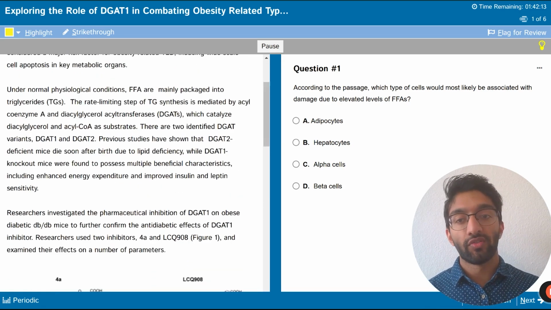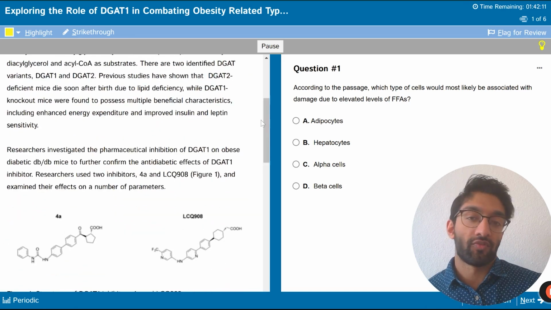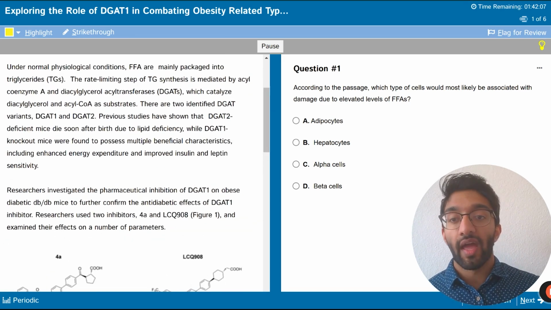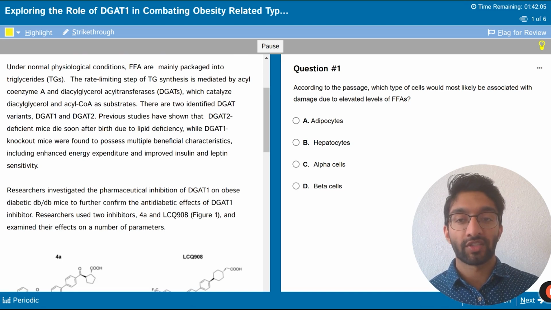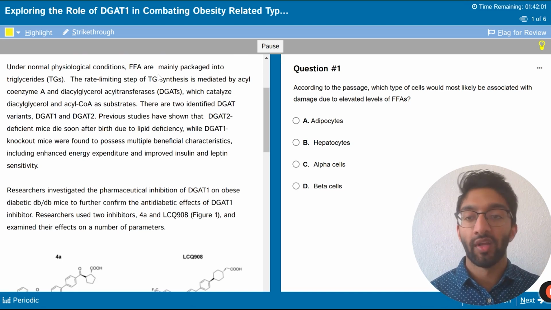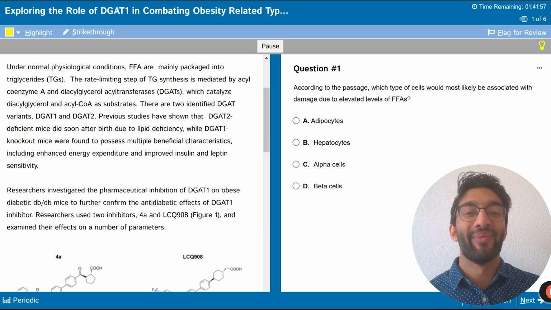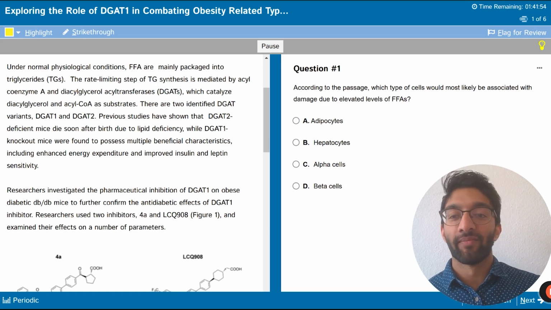Under normal conditions, so just in the body, these fatty acids are packed into triglycerides, and the rate limiting step of this reaction is mediated by some enzymes, acyl-CoA and we'll call it DGAT. And these catalyze the diacylglycerol.